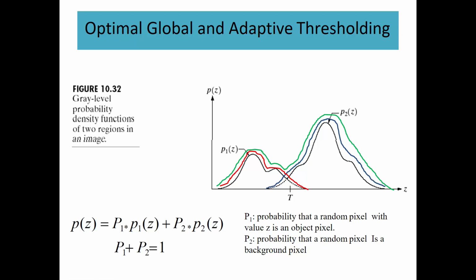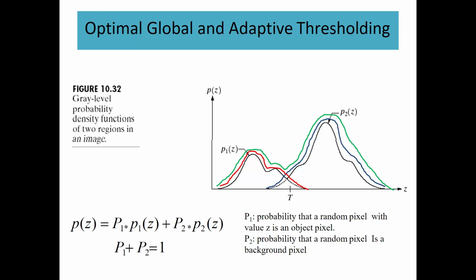Now here you find that though we are taking a hard decision that if f(x,y) is greater than T then (x,y) belongs to an object, the pixel with intensity value f(x,y) greater than T also has a finite probability that it belongs to a background, as you can see in this red curve.